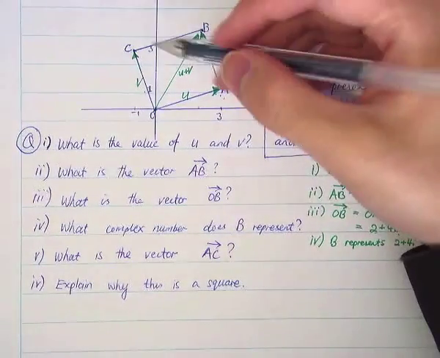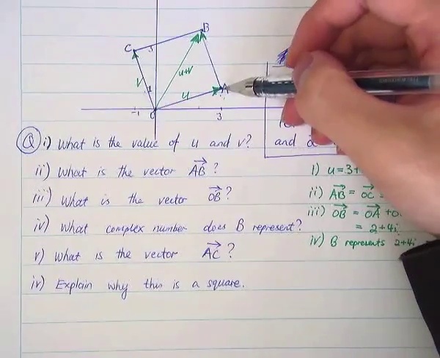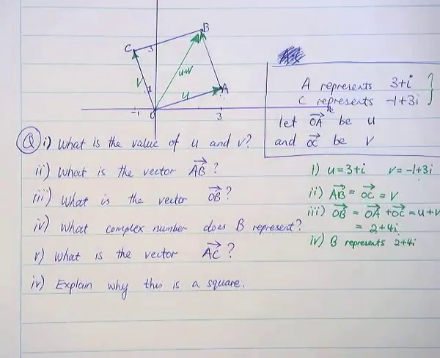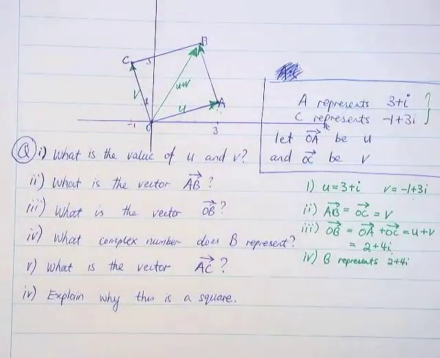Now they also ask you what is the vector from A to C. This is obviously the other type of vector addition or subtraction.